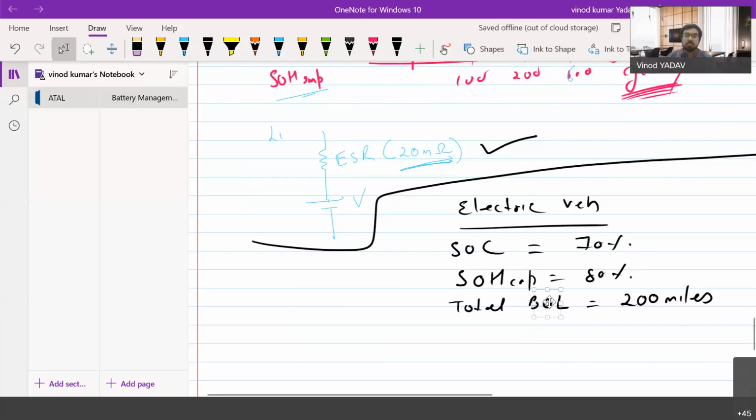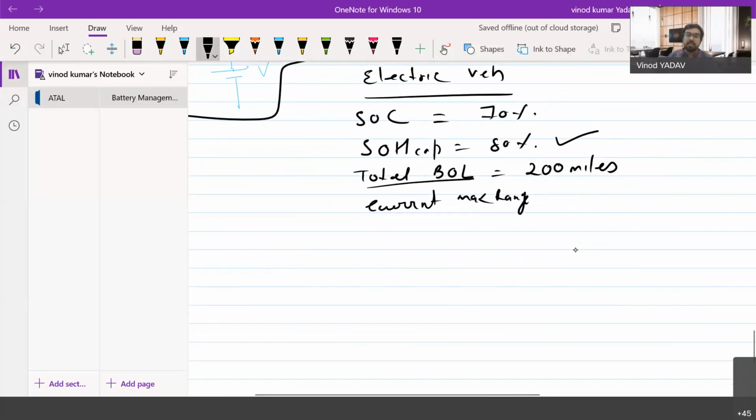After 80% SOH capacity, what will be the current maximum range? It will be 80% of this 200, that is 160 miles.